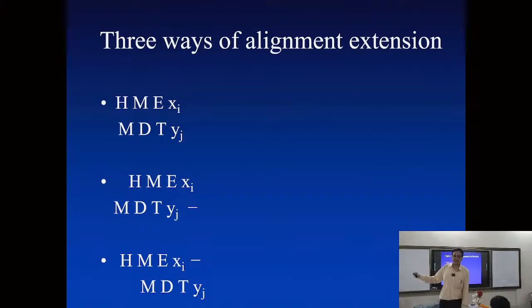Let me say that I is 10. So this is the 10th position in sequence X, and this is position number 20 in sequence Y. Now I go one position back, so that would be 9, and this would be 19.